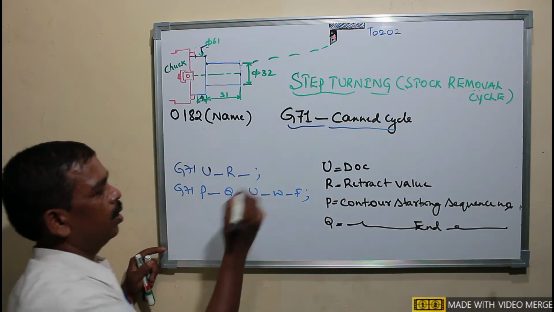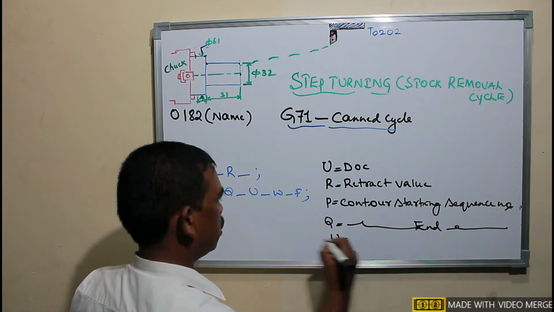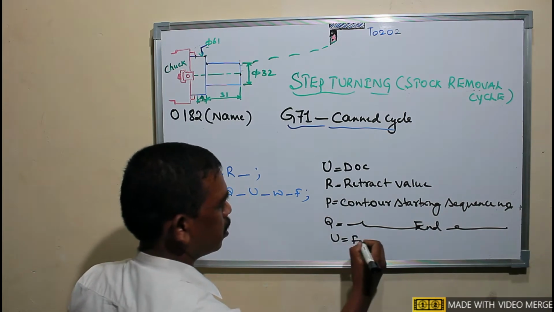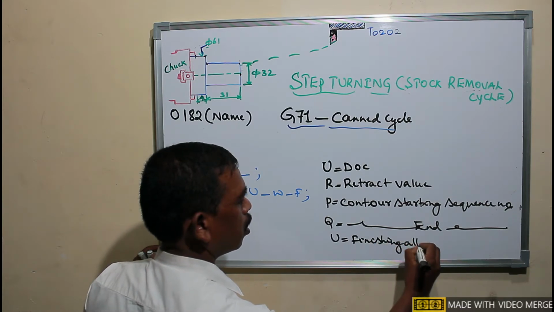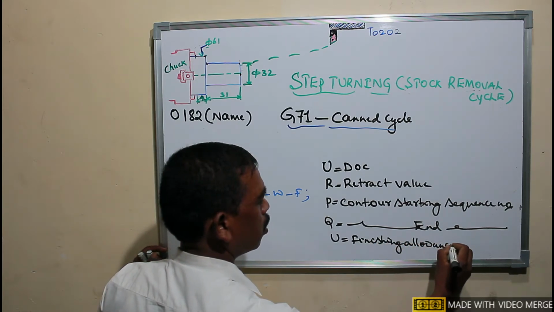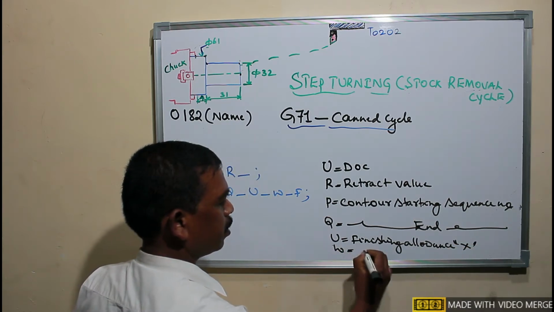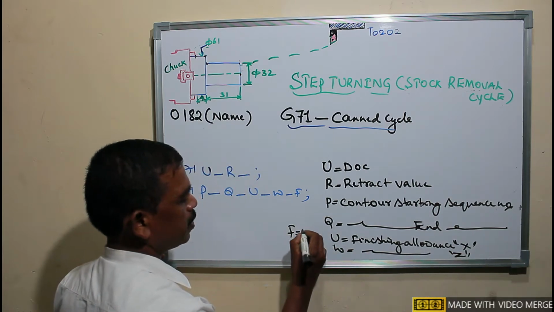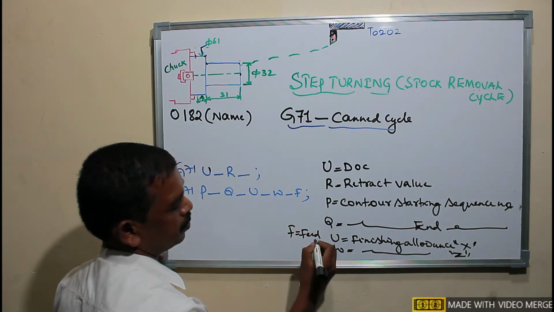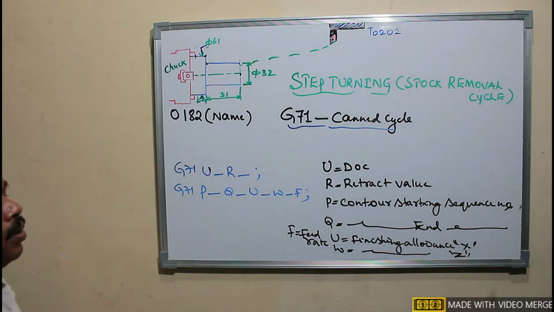And U is finishing allowance in x-axis, and W is finishing allowance in z-axis, and F is feed rate in mm per minute. So these are the meanings of U and R.